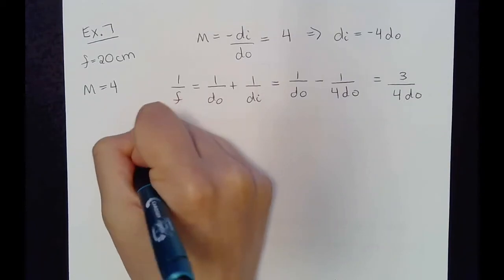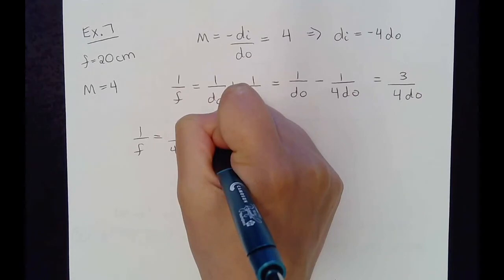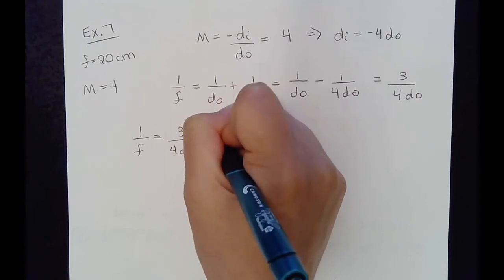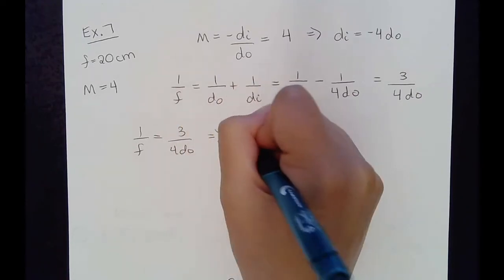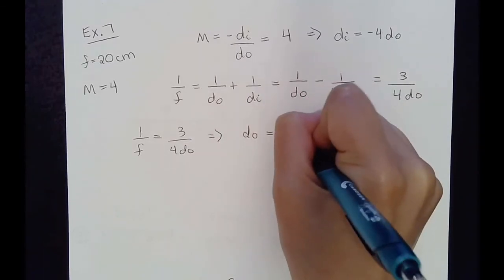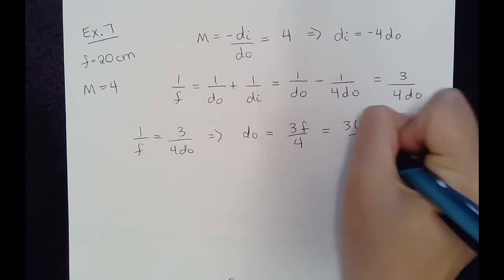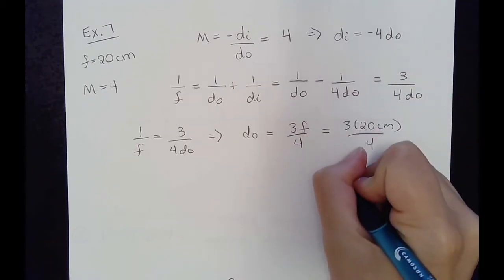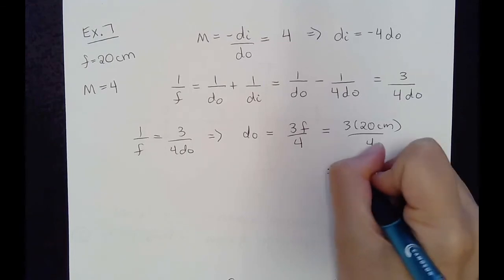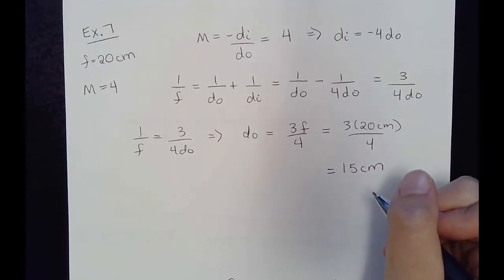So I'm at 1 over f equals 3 over 4 do, and we're solving for do here. So do will be 3f over 4, 3 times 20 over 4 gives me 15 centimeters. And that was the answer of the question.